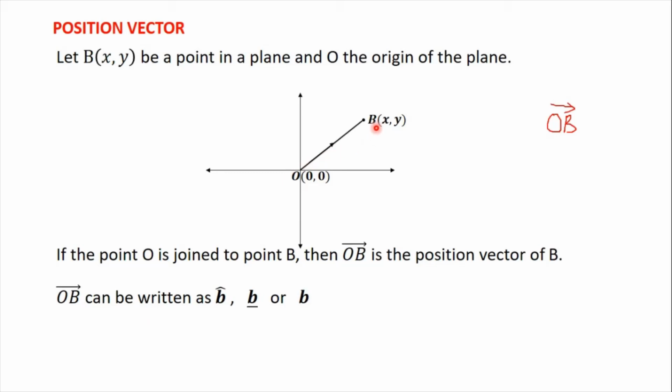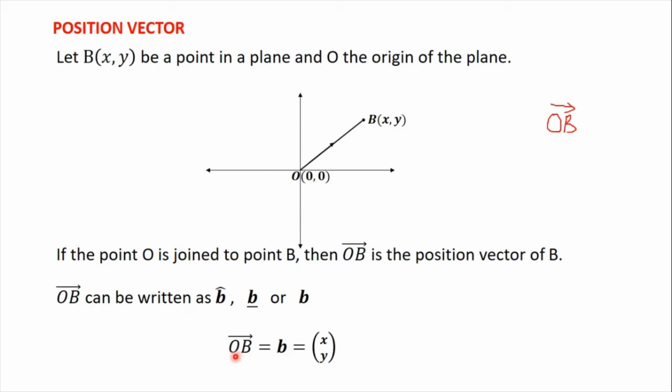Now, what are the components of this position vector? We know that the coordinates of point B are x, y. So if we form the position vector of point B, what are the components? Position vector of point B, which is OB or small letter b. In our studies, I'll be writing the position vector in this way, just using the small letters to represent it.